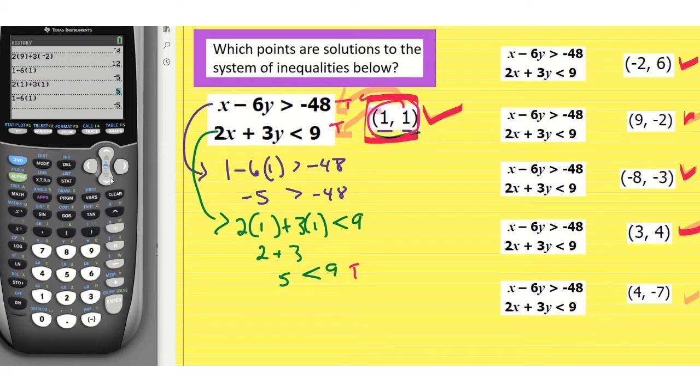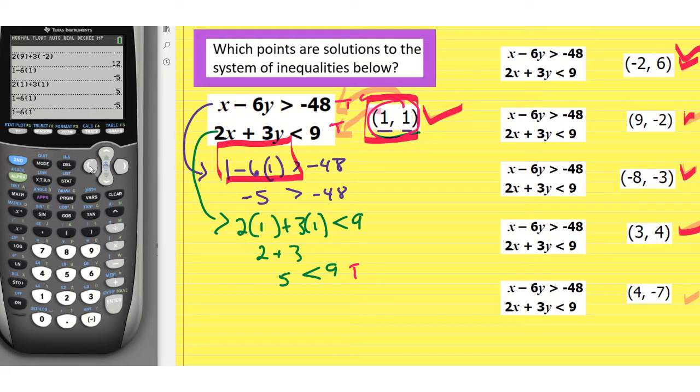Okay, so I've already turned it on, and I want you to notice this. Let's look at this equation right here. This 1 minus 6 times 1 is exactly what we had over here. We had 1 minus 6 times 1, and we're only going to put this part into our calculator. But we want to test it for this point over here, negative 2, 6.